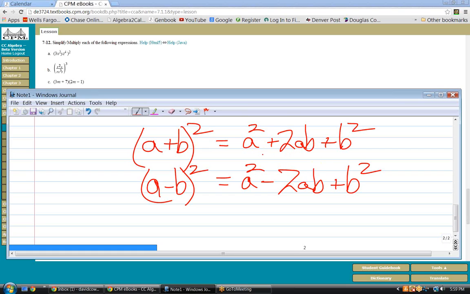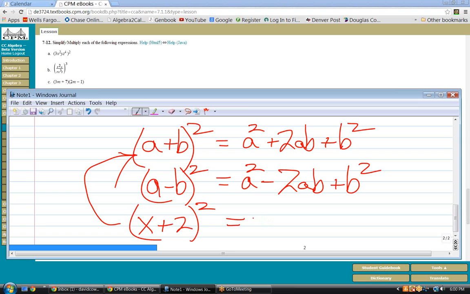And sometimes you'll get it presented to you like that, and you'll need to factor it back into this. So let's do an example so you'll know what I'm talking about here. If I said, what is x plus 2 squared? Use this, x is a, b is 2. So what's the answer going to be?